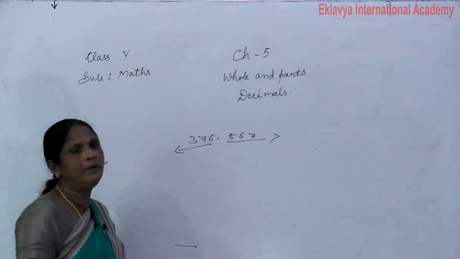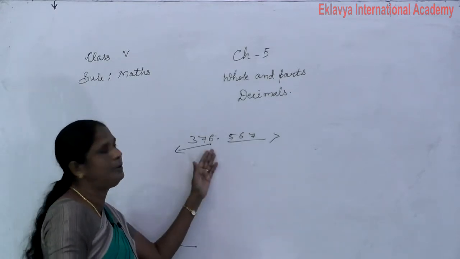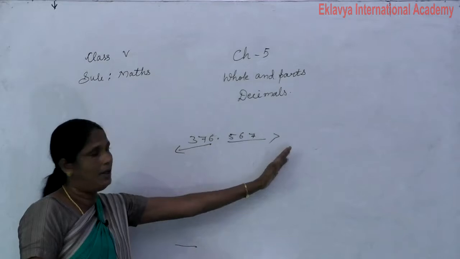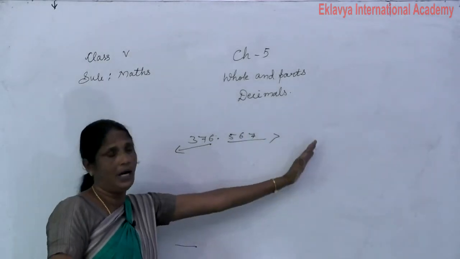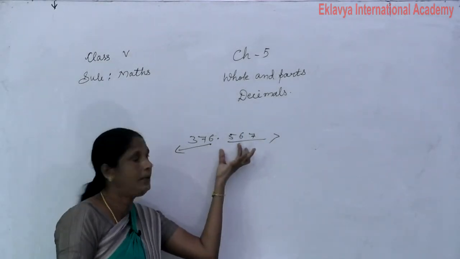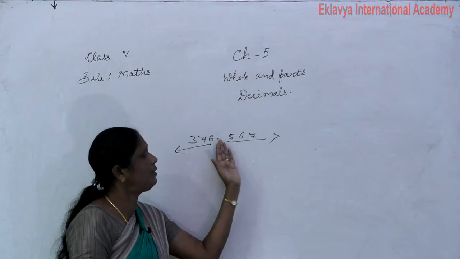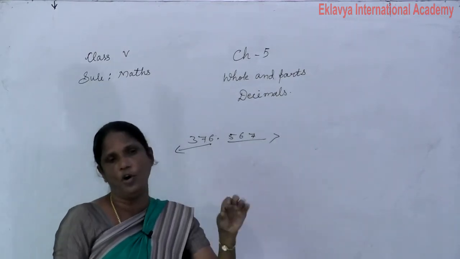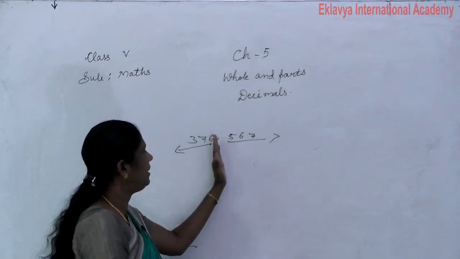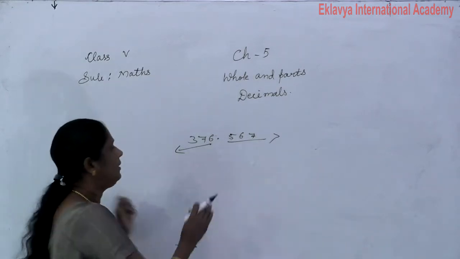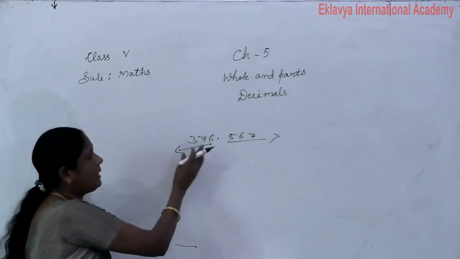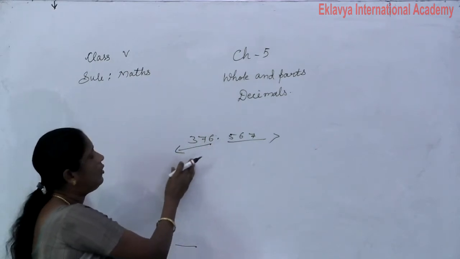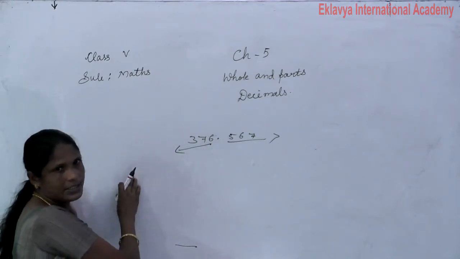376.567. Then we go to the decimal part, left to right. After the point, going left to right, the value of the number becomes smaller. On the left hand side, going right to left, the value of the number increases.